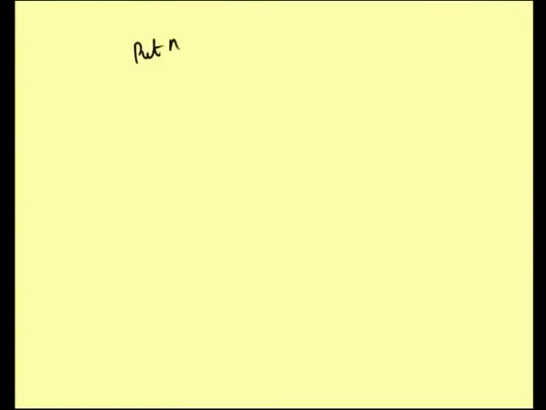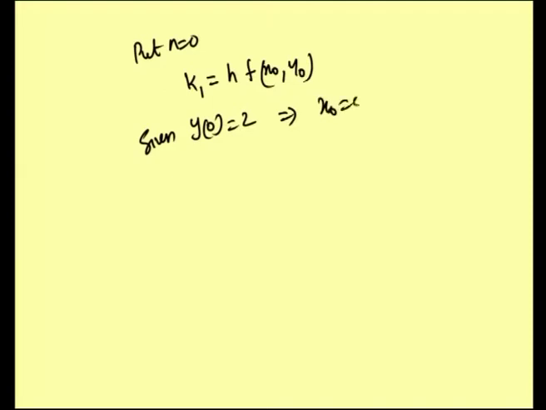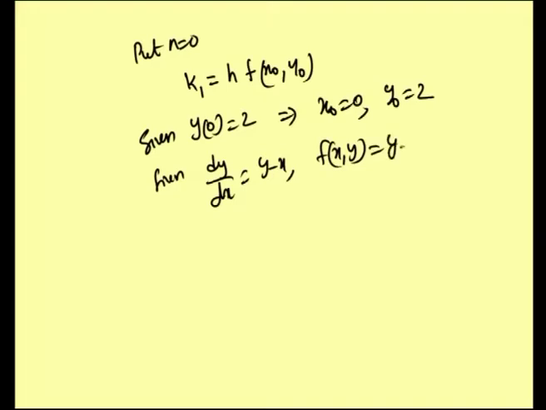Put n is equal to 0, so k1 becomes h into f of x naught comma y naught. Given y of 0 is equal to 2, from this we have x naught is equal to 0, y naught is equal to 2, and from the given dy by dx is equal to y minus x, we have f of x comma y is equal to y minus x.